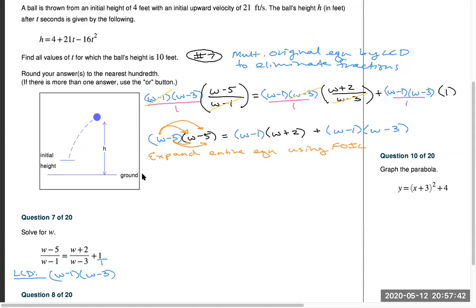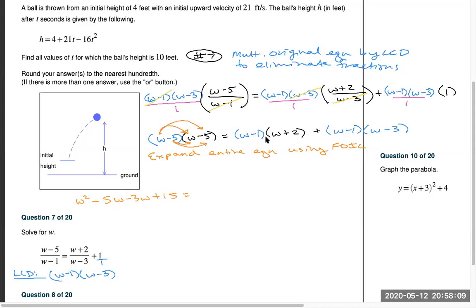So we have W squared. Actually, let me go in order. W squared minus 5W minus 3W plus 15.